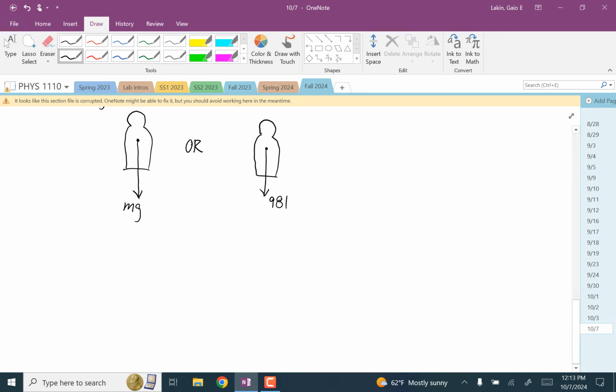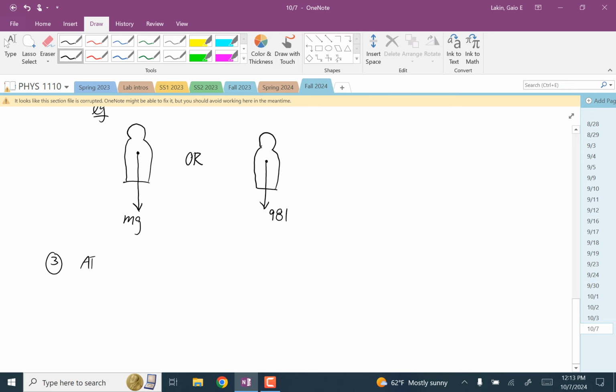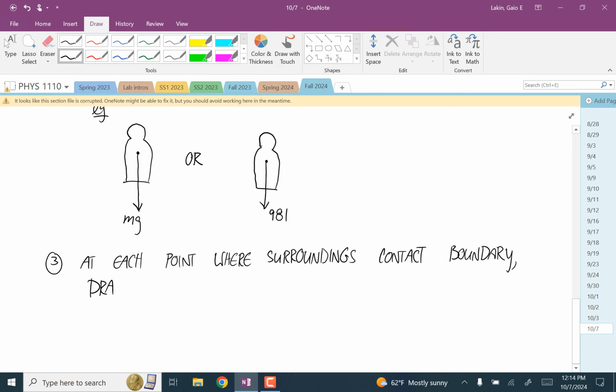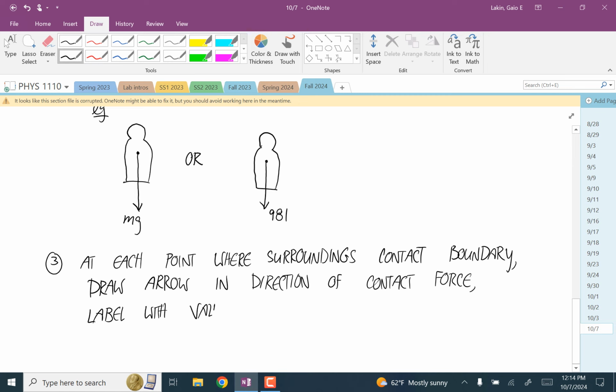So the third step is at each point where the surroundings contact the boundary, draw an arrow in the direction of the force, an arrow in the direction of the contact force, and label it with a value or a variable.